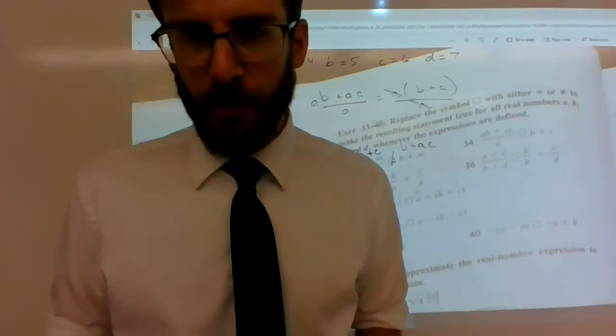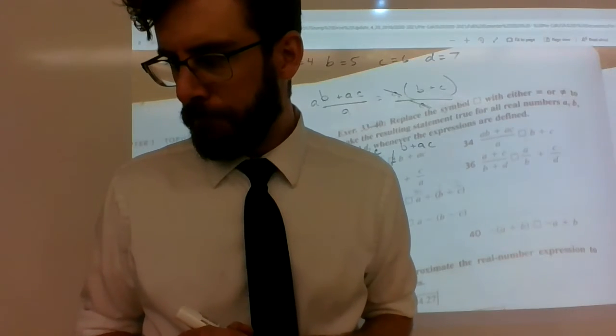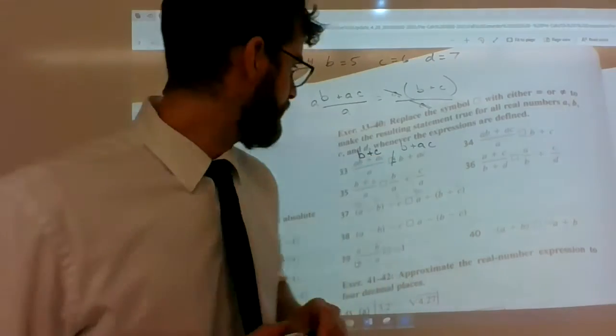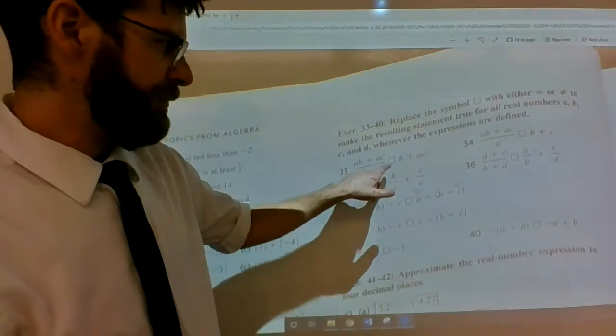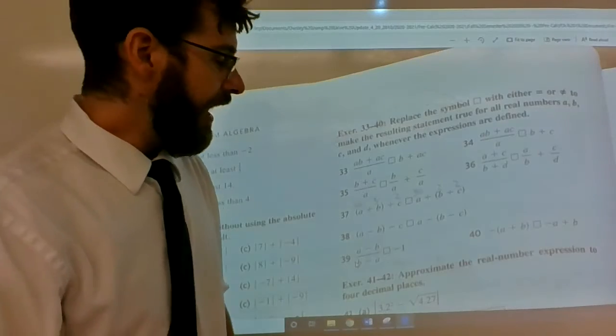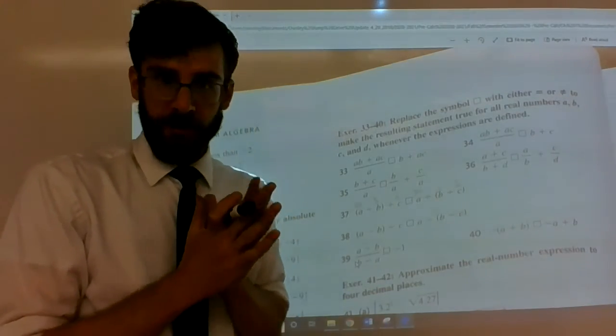All right, I wanted to explore 35, 37, 39. Yeah, let's do it. So when you look at number 35, it's kind of a similar situation. They're saying, hey, you got B plus C over A and B over A plus C over A. I just want to see if I can make the two match up as variable expressions.